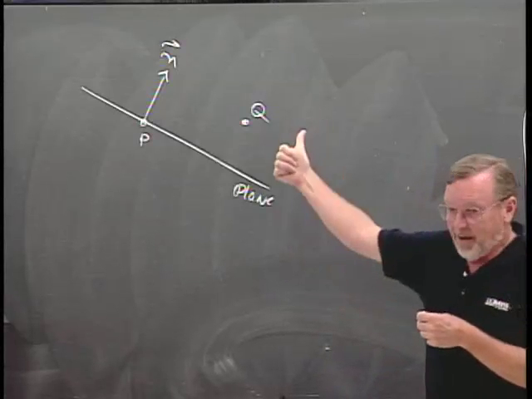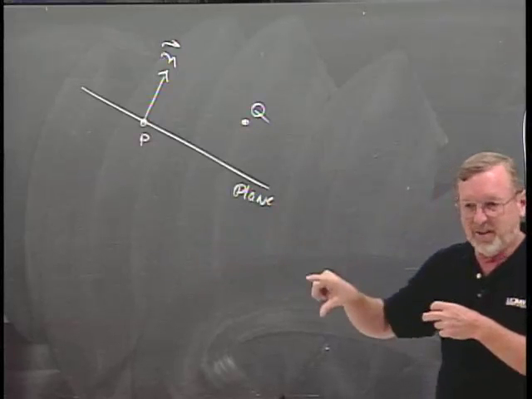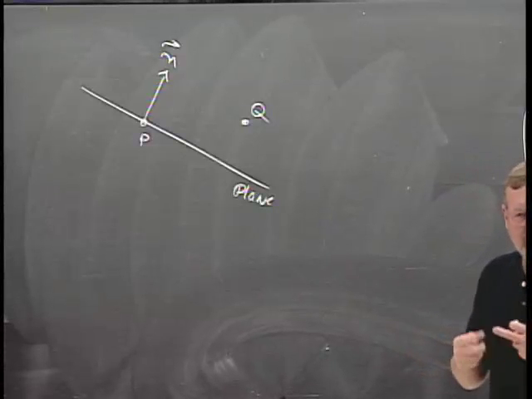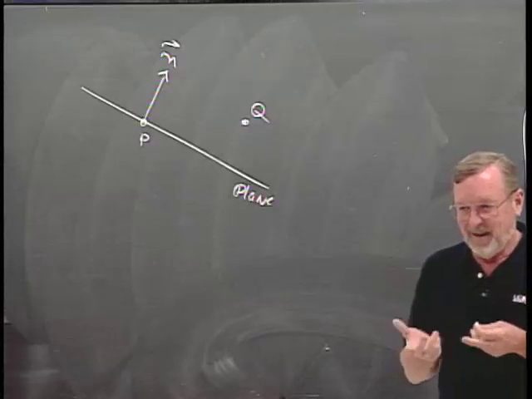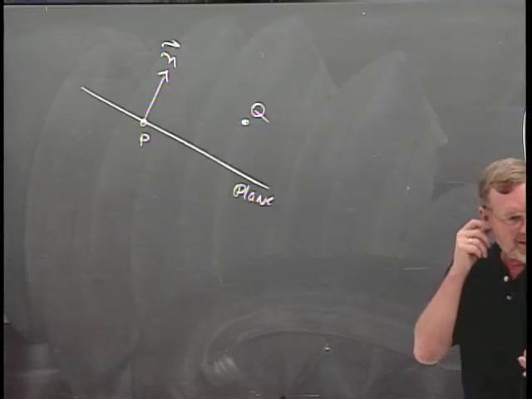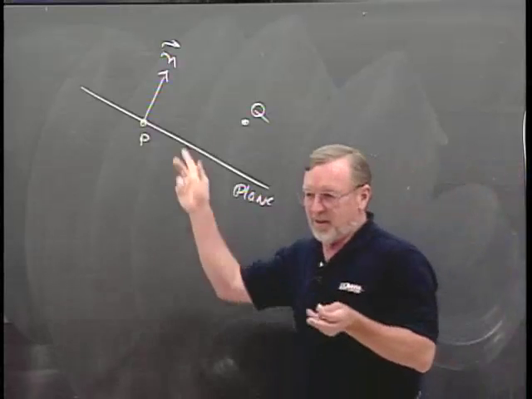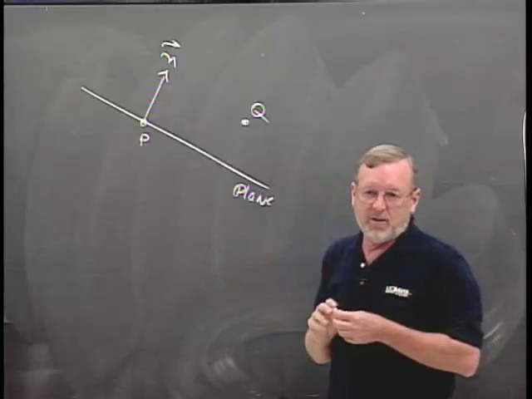There's that one and there's that one. One is n, one is minus n. And this occasionally causes us problems in graphics. If we don't get n pointing in the right direction, it occasionally causes us some problems. You have to be a little careful, but just a warning. There's two n's that actually work. I'm going to speak as if we use one, but there's two that actually work.